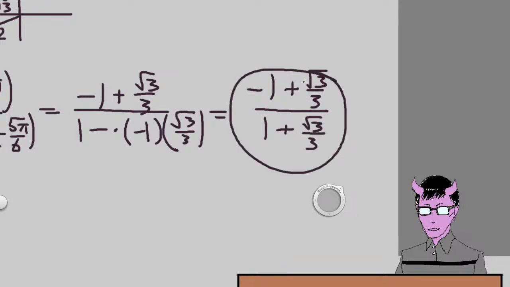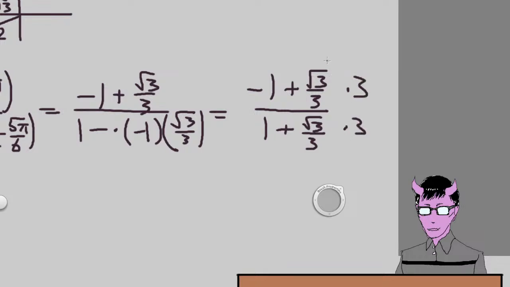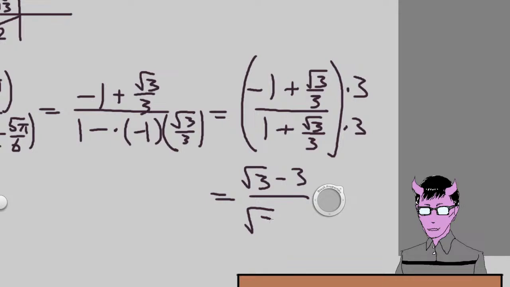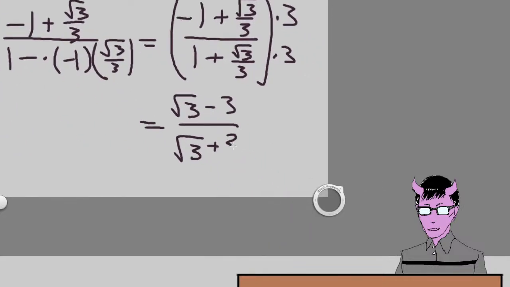This is absolutely wonderful. So top and bottom times 3. This one probably needs to be rationalized. Let's do it. Conjugate of this.